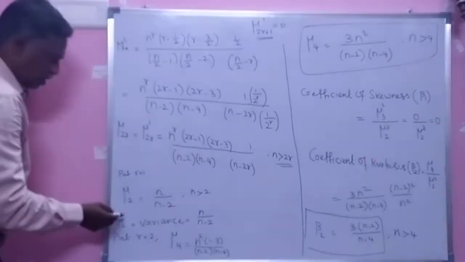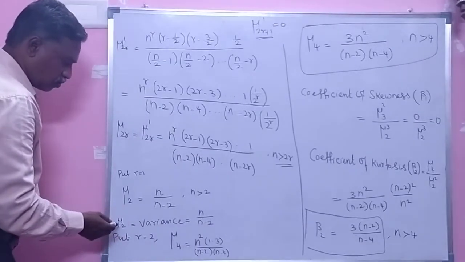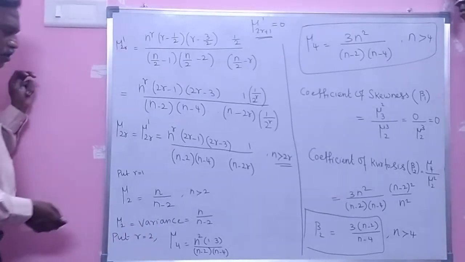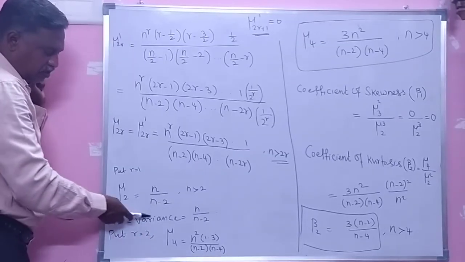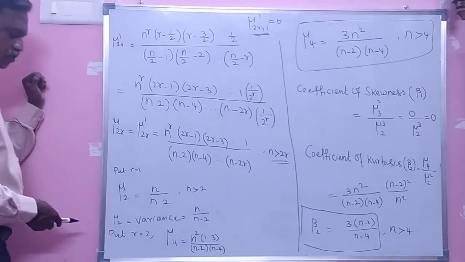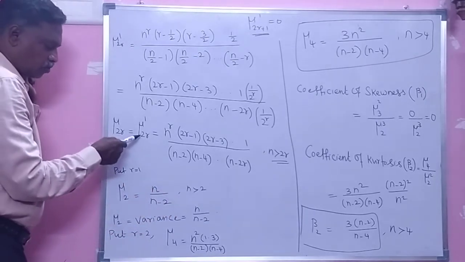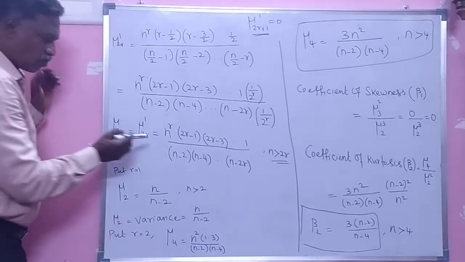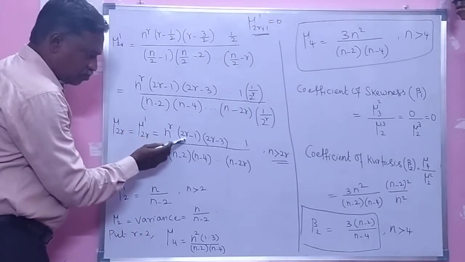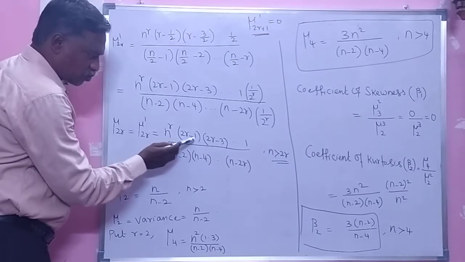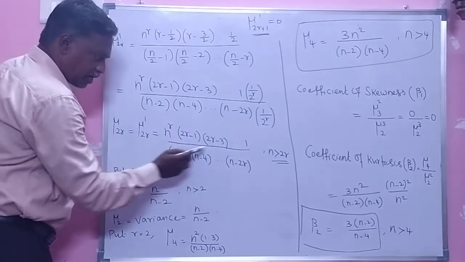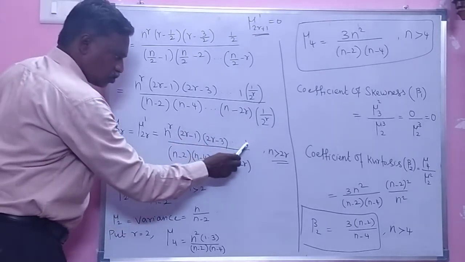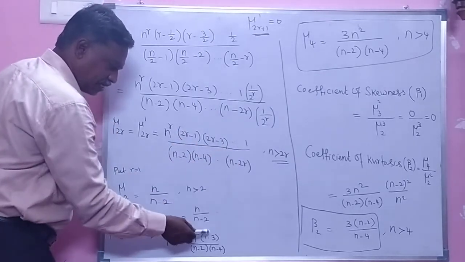So mu 2, which is the variance, equals n divided by n minus 2. Now you put r equal to 2, you will get mu 4. Mu 4 equals n square, and in the numerator, with r equal to 2, 4 minus 1 is 3, so the product takes terms up to 3: 1 into 3.